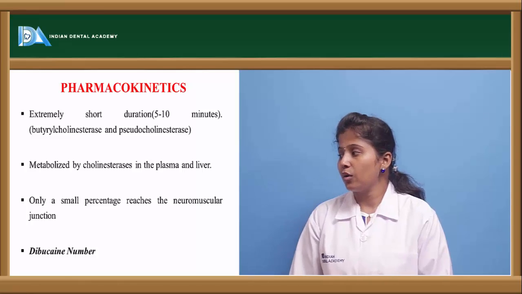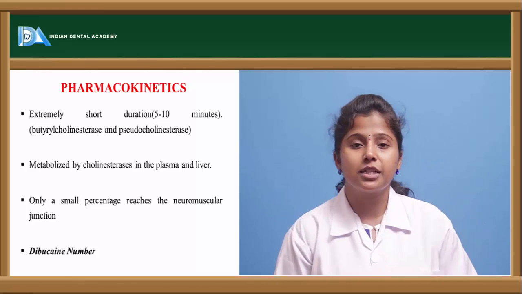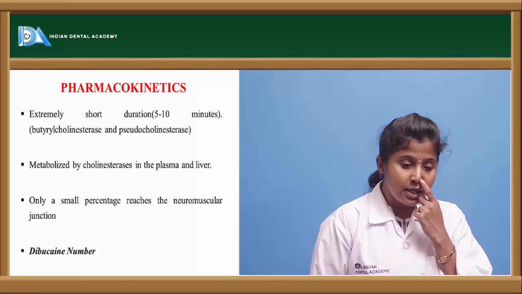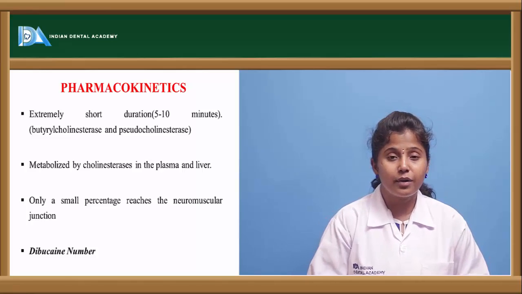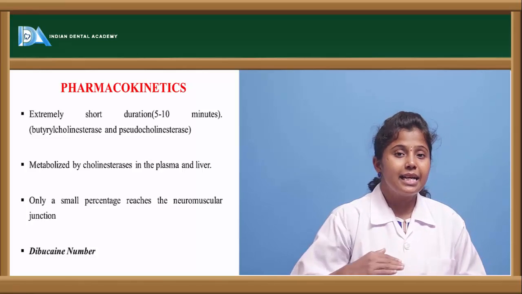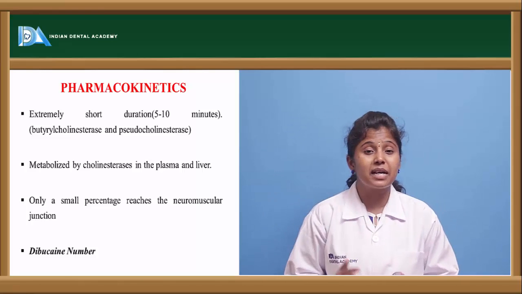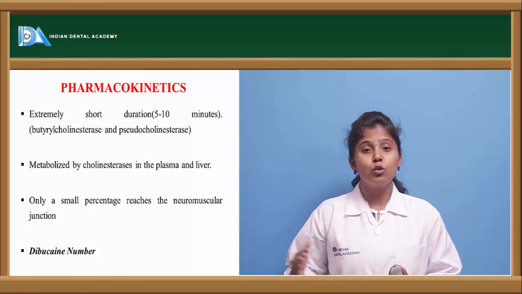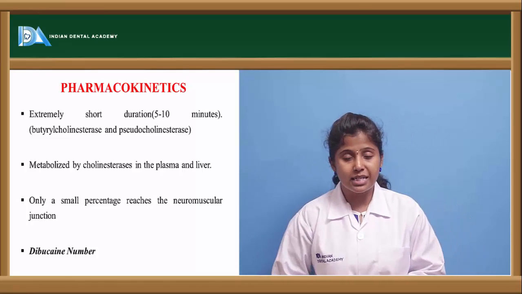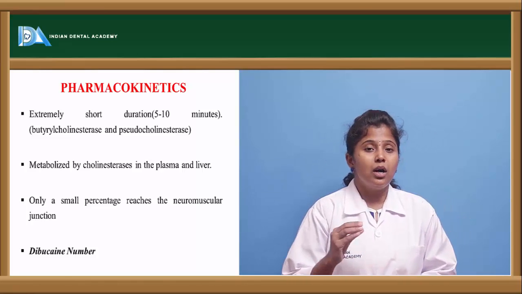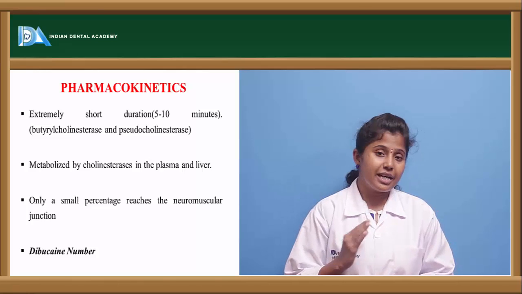Only a small percentage reaches the neuromuscular junction, because these drugs are highly metabolized. As they are short acting, they can be eliminated out of the body easily, and they are more susceptible to cholinesterase enzyme. So only a small amount reaches the neuromuscular junction and exerts the action.